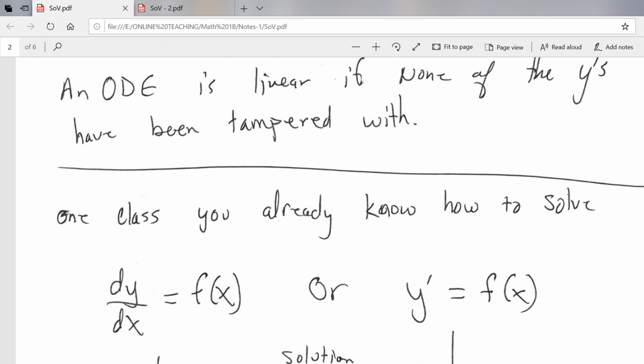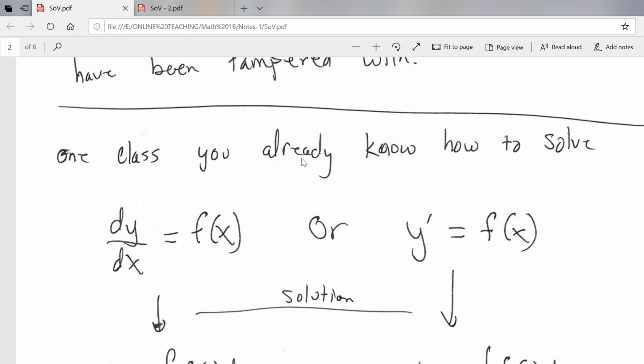All right. There is one class of differential equations you already know how to solve, and that's the derivative is a function. So if I told you that the derivative of y with respect to x was f of x, or y prime was f of x, if you wanted to know what y was, well, how do you get from y prime back to y? You integrate. And so if I integrated that side, then I should integrate that side.